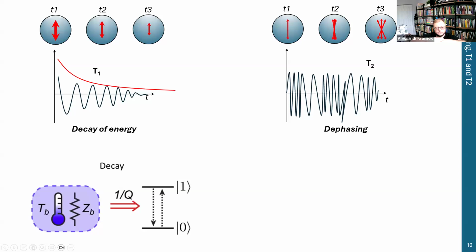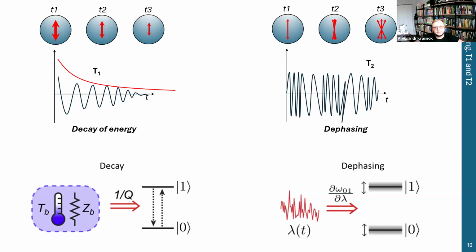Decay means we excited our atom to the excited state. In a while, the atom transits back or dissipates its energy through some heat and so on. So it's decay.